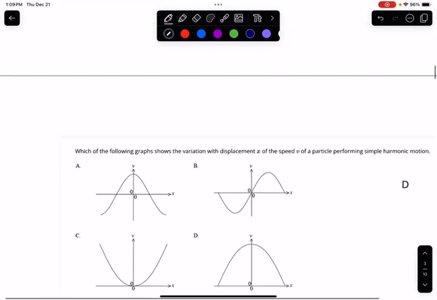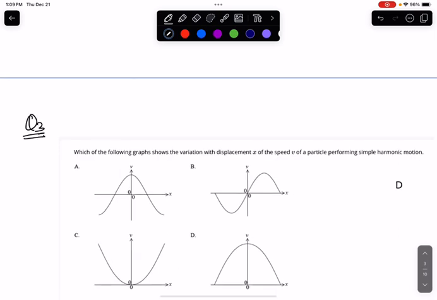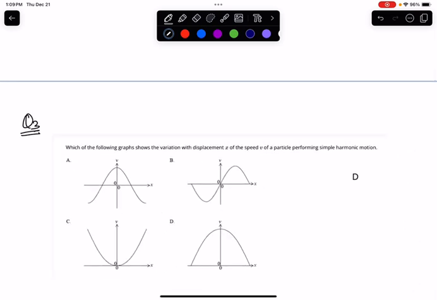Okay, so now let's look at question 3. In question 3, which one of the following graphs shows the variation with displacement x of speed v of a particle performing simple harmonic motion?